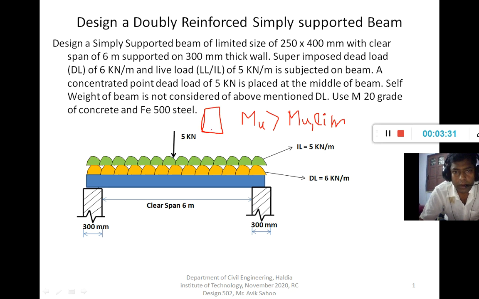You know that steel has larger compressive strength as well as tensile strength than concrete. So when we apply more steel the strength of the section is increased, but at the same time it is more costly than a singly reinforced section.